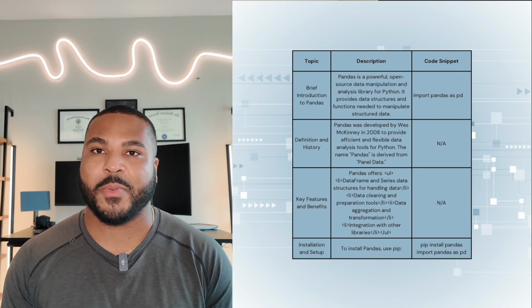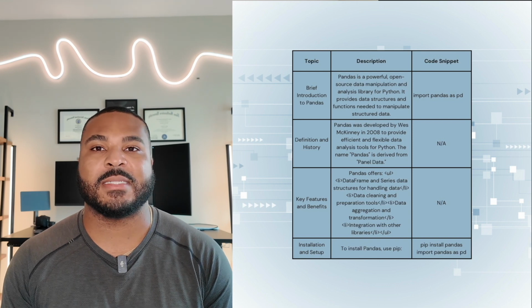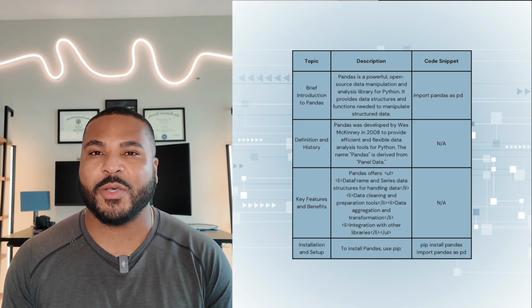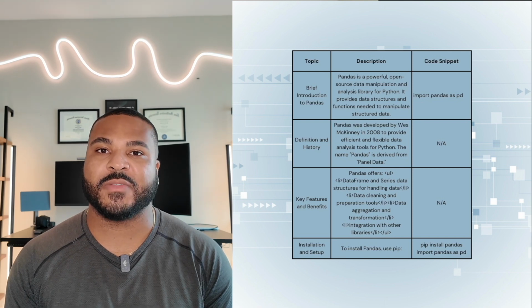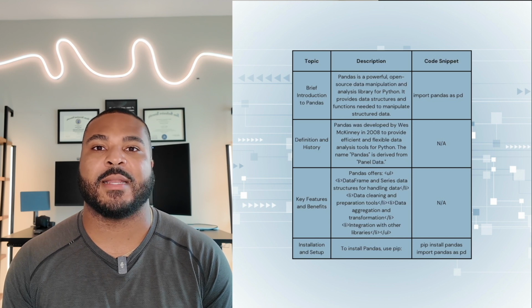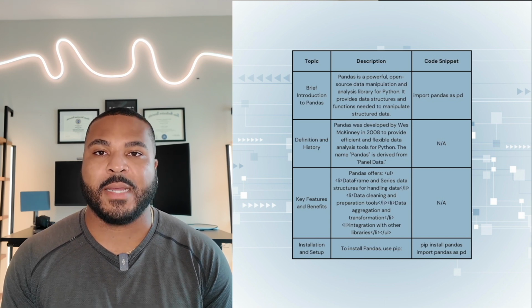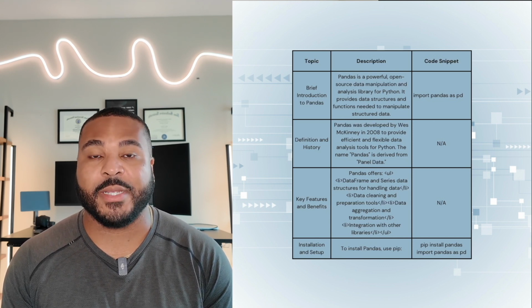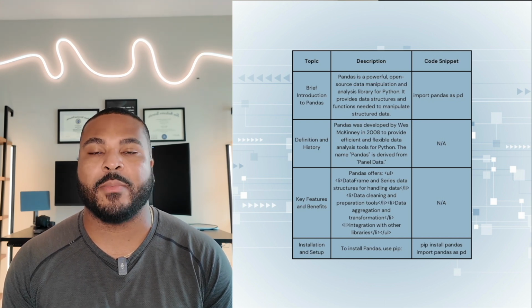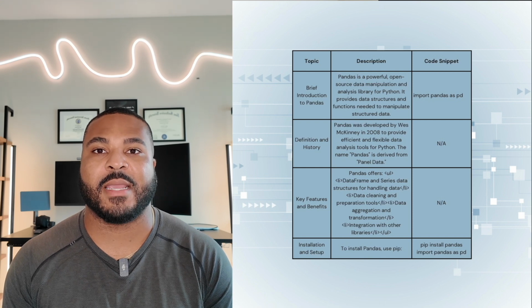Data cleaning and preparation, including handling missing data, removing duplicates, and data type conversion. Also, data aggregation and transformation, including grouping data, applying functions to data, and pivot tables. Pandas also integrates with other libraries seamlessly, such as NumPy, Matplotlib, and Seaborn for advanced data analysis and visualization.